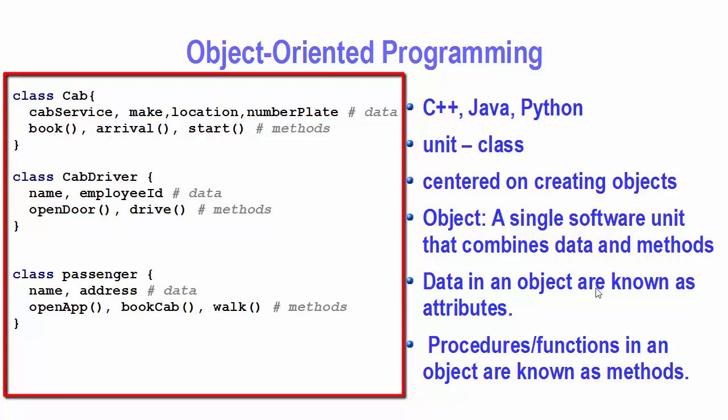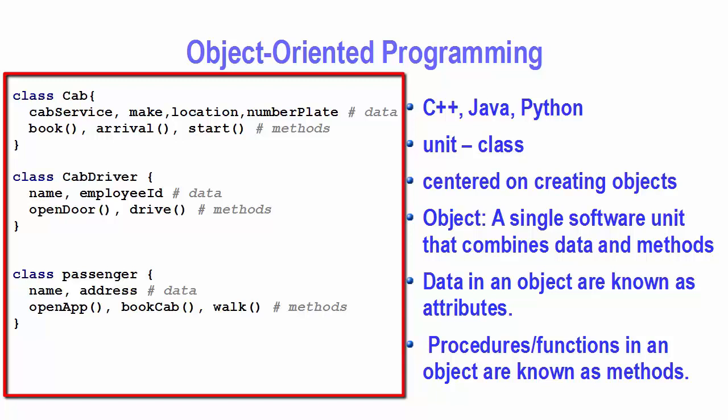The data inside this object or class is called attributes or member variables, which can hold some data. And using this class we can create objects of the cab class, which means we can create different objects using the same class. How to create objects using classes we will see in the next video in a real life example.